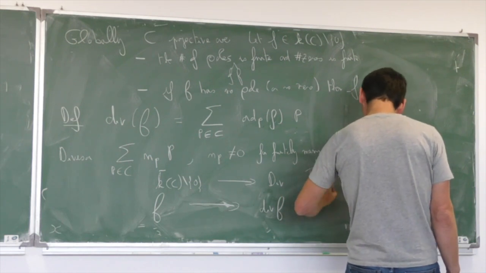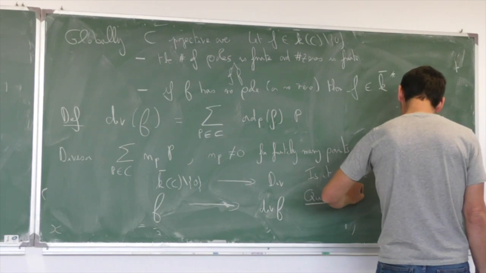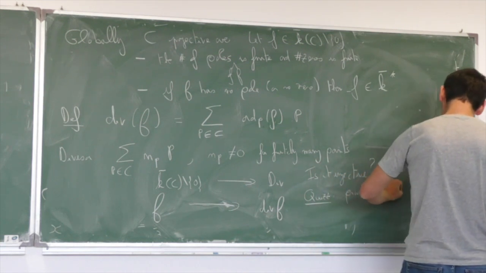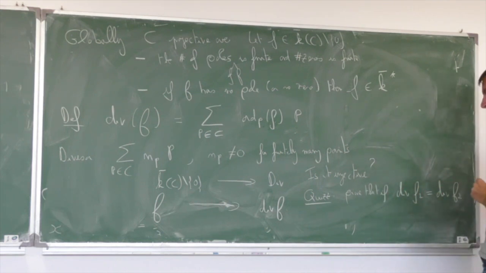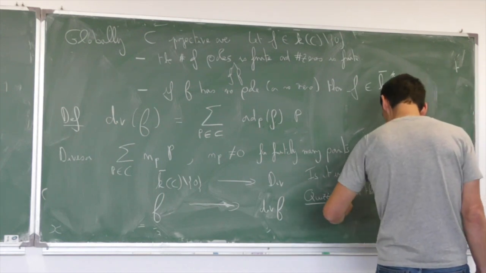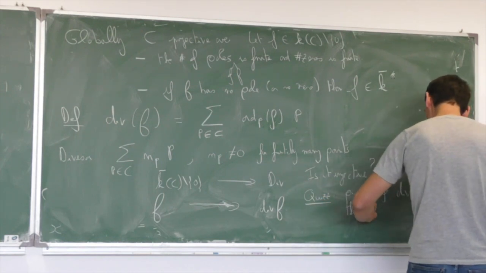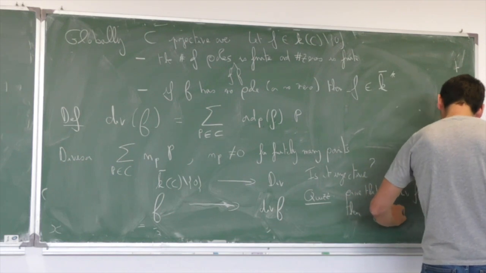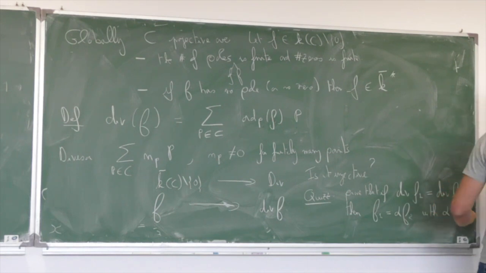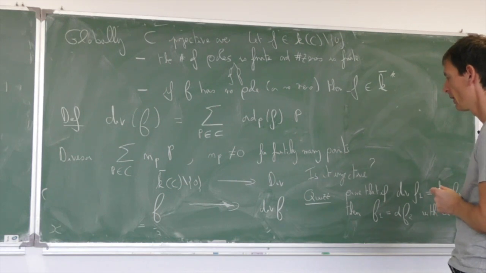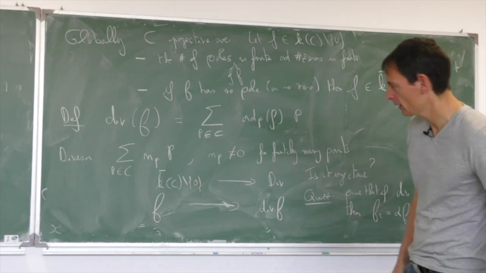Prove that if div(f1) equals div(f2), then f1 equals alpha f2, with alpha inside k bar, not 0. Actually it's an if and only if, but I need only this direction. So it's almost injective.